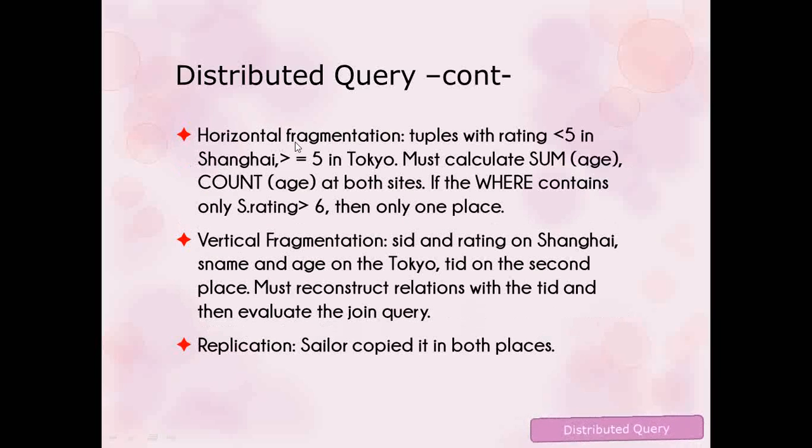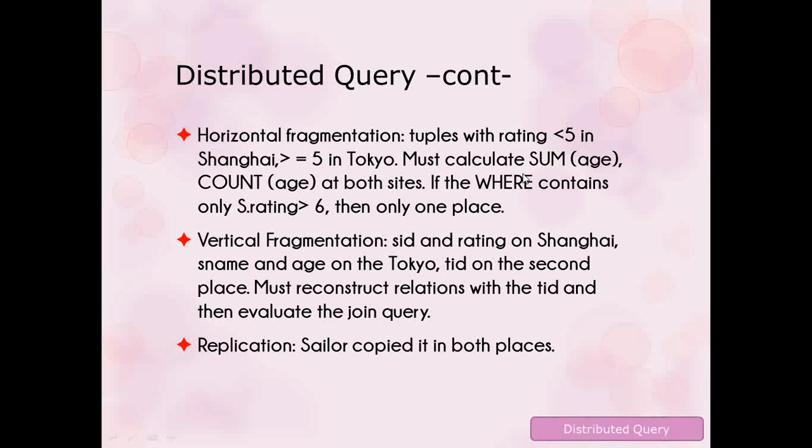If the horizontal fragmentation has a rating less than 5 in Shanghai, for example, and the rating is greater than 5 in Tokyo, then we have to calculate the sum, the summary of each, and we have to count the age at both sides.